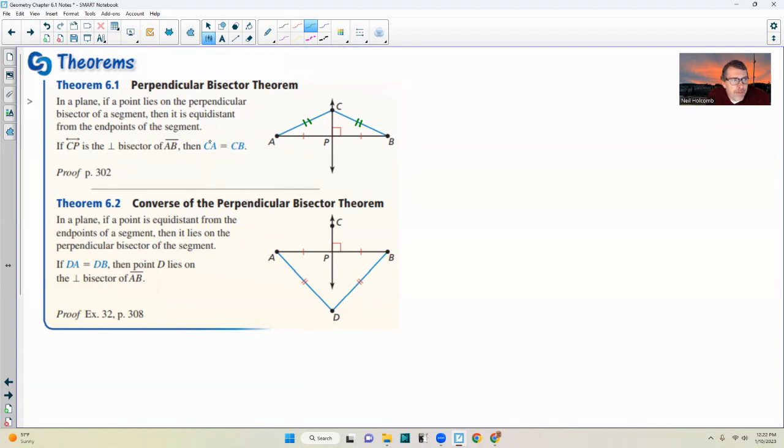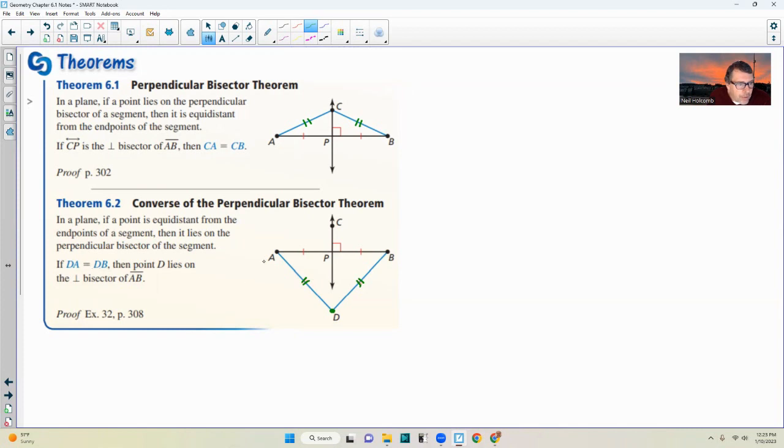The converse is the reverse of the other. Converse just means that if the conclusion is stated, then we can confirm the hypothesis. So in a plane, if a point is equidistant from the endpoints, so here D is equidistant from A and B because AD is congruent to BD, that means the lengths are congruent or equal, same distance, then this line C that goes through the bisecting point of AB will continue through that point.